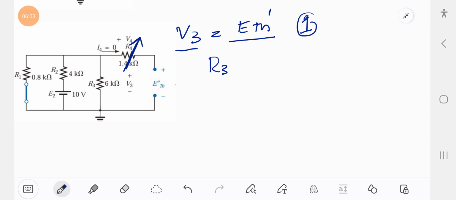Now what we are going to do here in this circuit: R1 and R3 are actually parallel to each other.